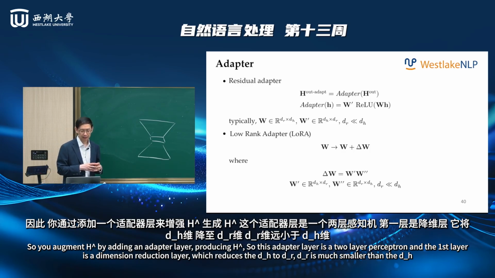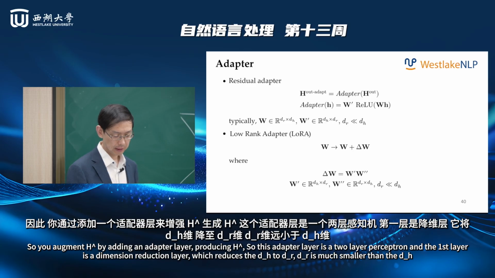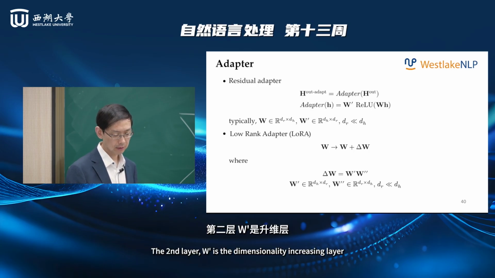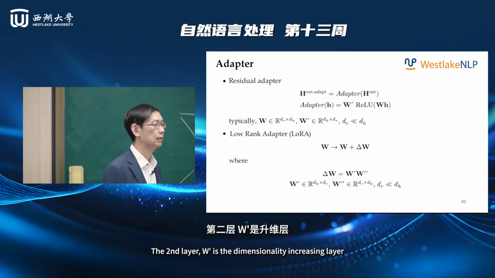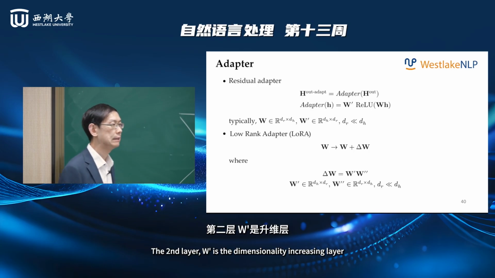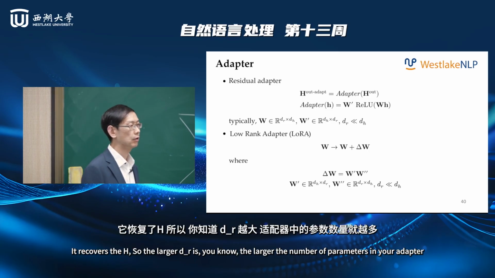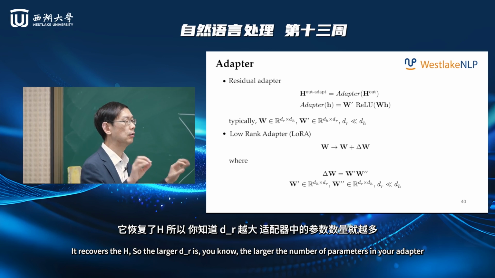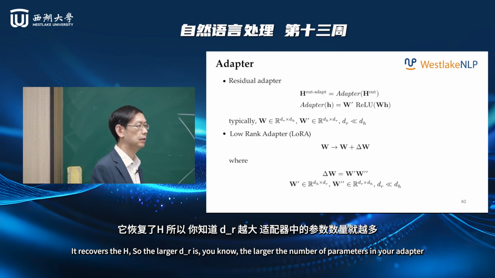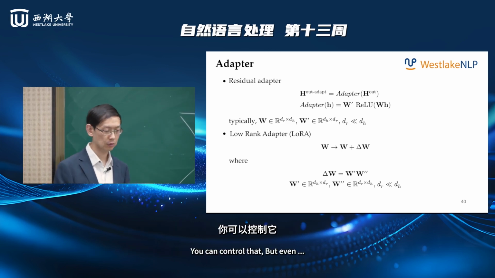This adapter layer is a two-layer perceptron. The first layer is a dimension reduction layer, which reduces DH to DR. DR is much smaller than DH. And the second layer, W prime, is a dimensionality increasing layer. It recovers DH. So the larger DR is, the larger the number of parameters in your adapter. You can control that.